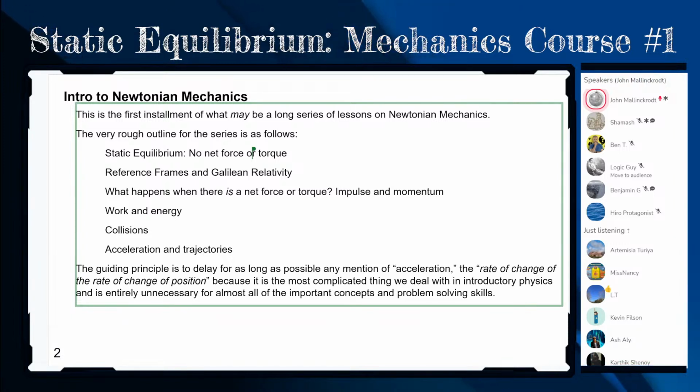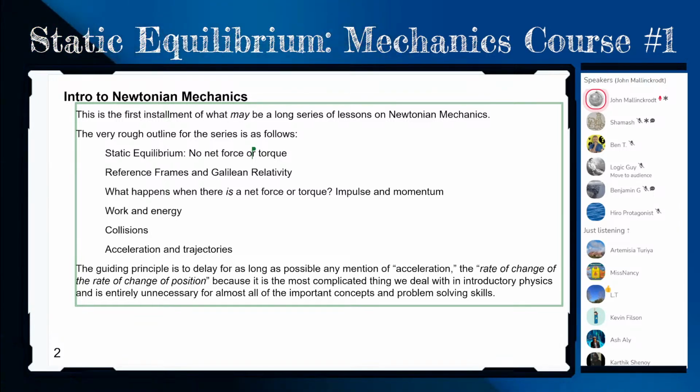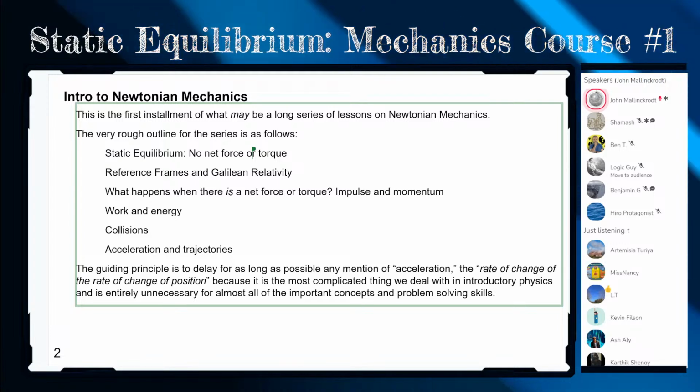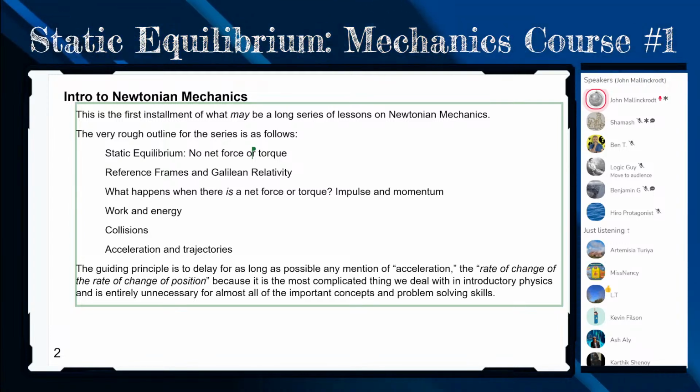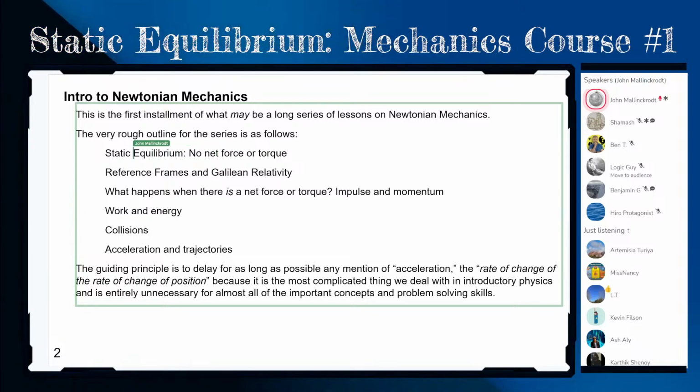If you have a force in one direction, and force is a vector, as we'll talk about, and another force in another direction, or combinations of forces, such that the net effect is the same as if there was no force at all. And the same kind of thing with turning forces, torques. What can you determine when you know that something is in static equilibrium? What are the equations of static equilibrium?